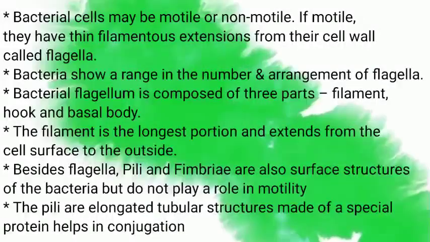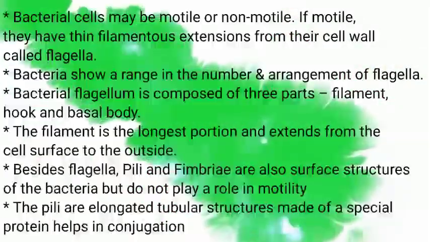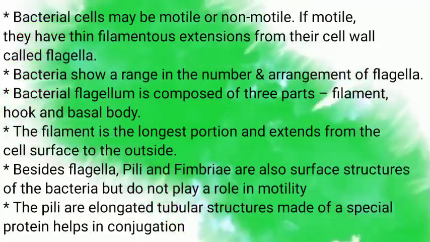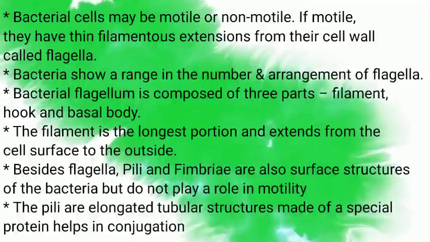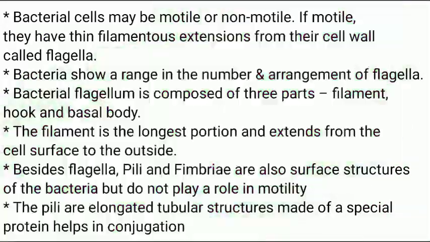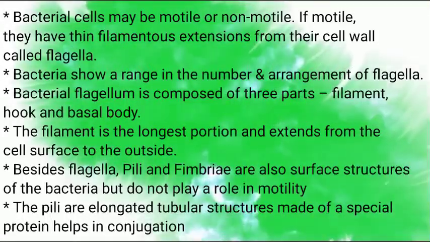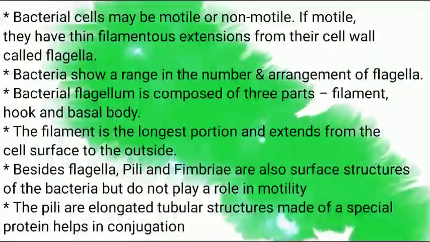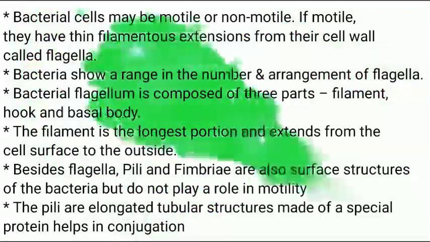Bacterial cells may be motile or non-motile. If motile, they have thin filamentous extensions from their cell wall called flagella. Bacteria show a range in the number and arrangement of flagella. A bacterial flagellum is composed of three parts: filament, hook and basal body.